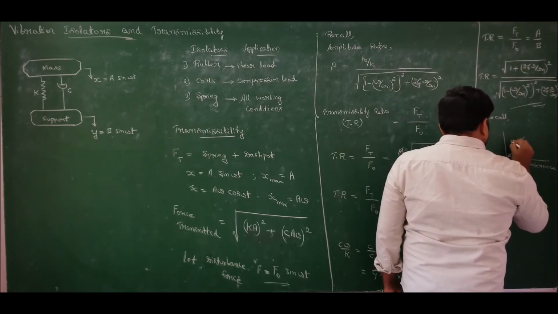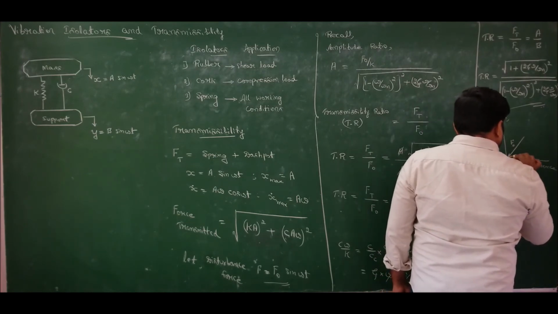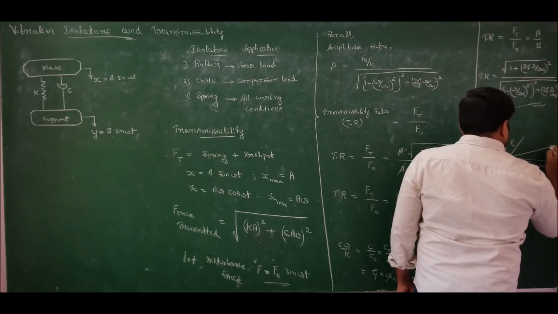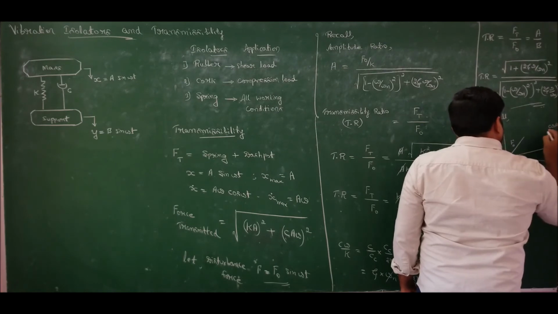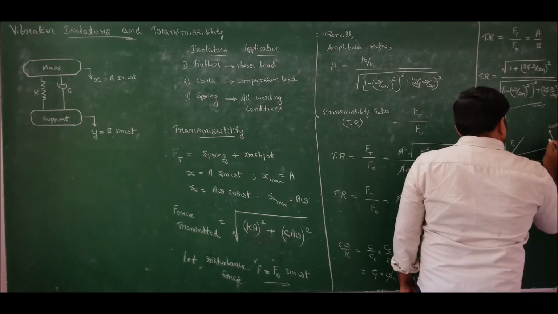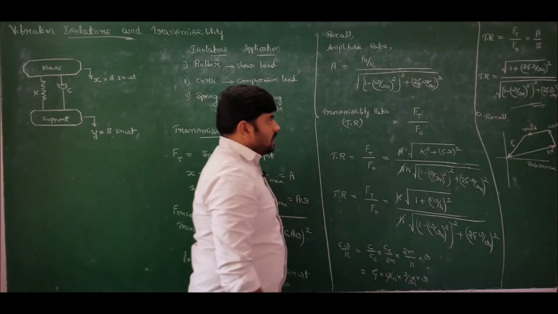So this is force applied, let us take its magnitude as F0, and we have the spring force like this. Spring force is Ka, perpendicular to which we had damping force C omega A, and then at an angle of 180 degrees to spring force we had inertia force. Inertia force is given by M omega square A, correct?